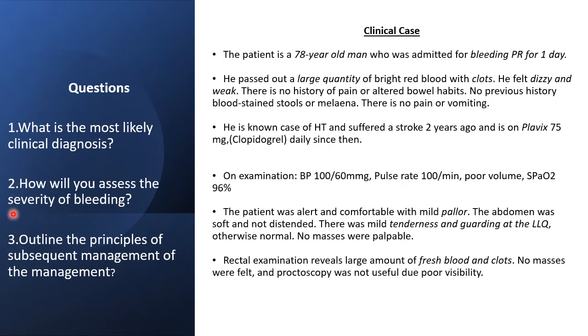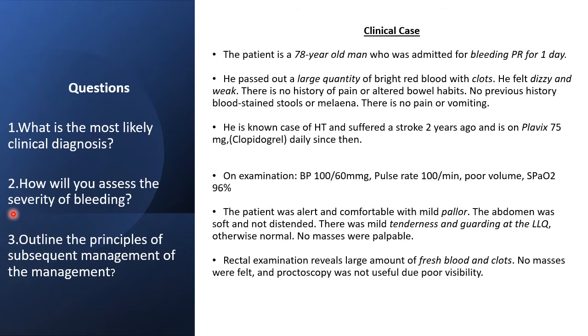How will you assess the severity of the bleeding? Clinically, the patient can be assessed by the amount of blood that he passes, the frequency, and the number of days he has been passing. And then by examination, how severe the anemia is, the BP and pulse.